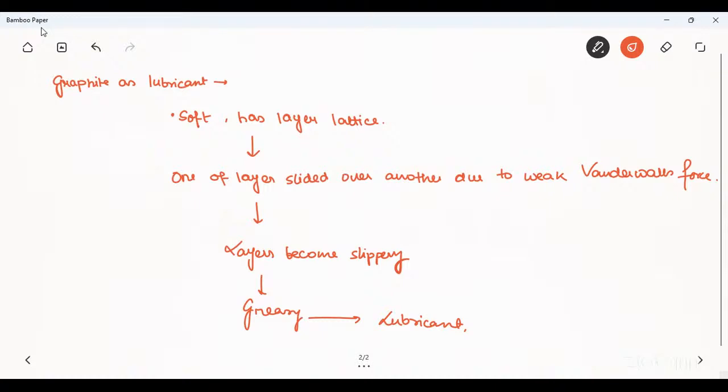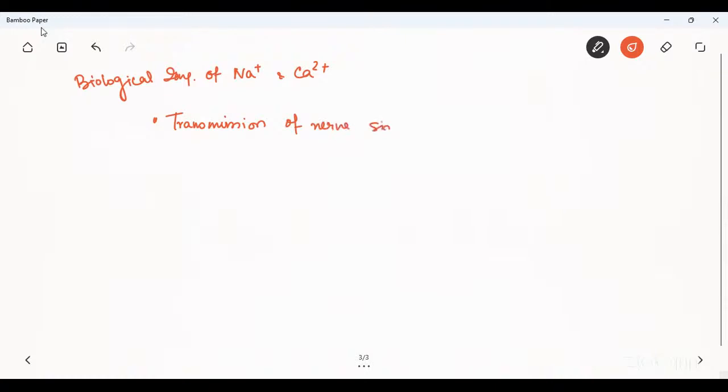Another question that came in your exam is what is the biological importance of sodium and calcium. All have been provided in the notes. These are all questions that are already included in the notes. Biological importance of sodium and calcium ions. So what are the biological importance? First is transmission of nerve signals.